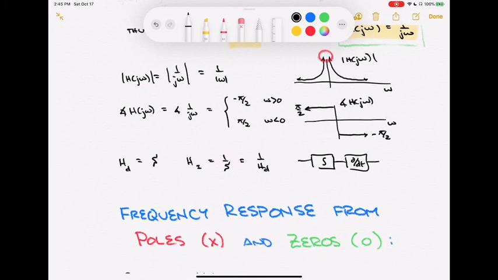I know that things in cascade, their transfer functions multiply. So I'd get 1 by s times s, which should just be 1. So if I integrate and then differentiate, I should just get back my original signal, probably within the original DC constant. There's an argument to be made there, which we'll not delve into too deeply.